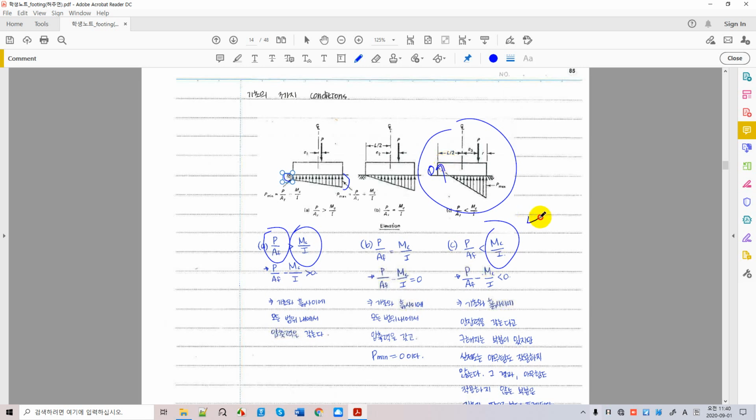So this is the case we have to look at very closely. The case in the middle is where we have a zero right there, which means the stresses from the vertical load and from the overturning moment are identical. These 3 cases must be carefully looked into in designing and sizing the foundations.